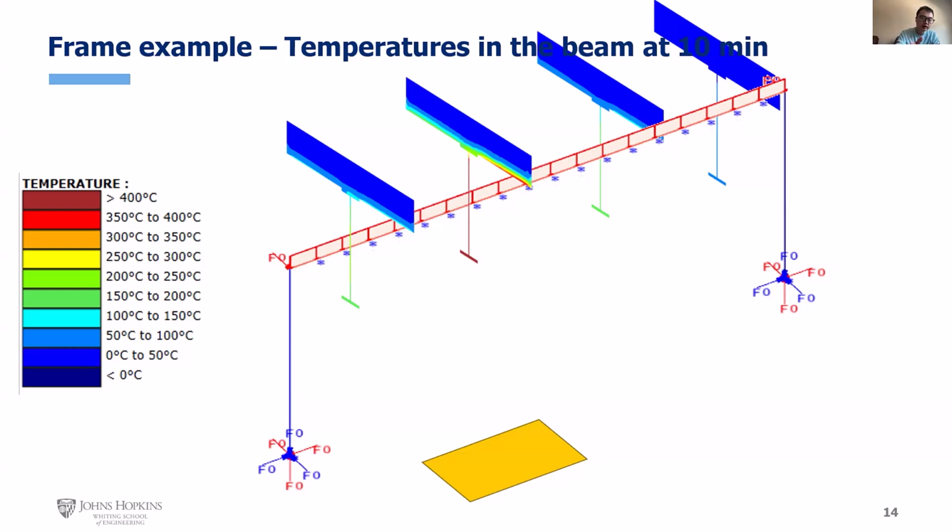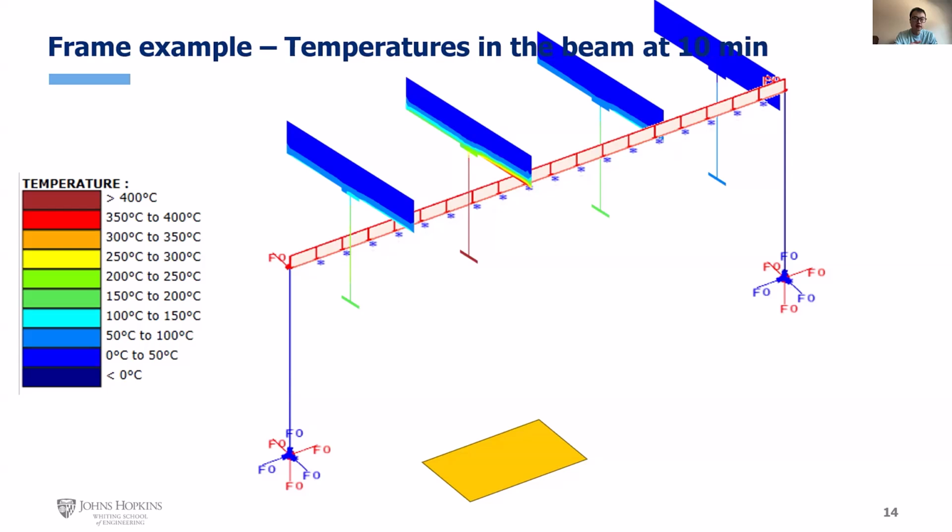We can also clearly see that the interface method captured the asymmetric behavior in the beam sections, which cannot be done by the traditional localized fire model, HASEMI. In the HASEMI localized fire model, all three sides of the beam section are exposed to the same heat flux, which means we cannot capture the asymmetric behavior.